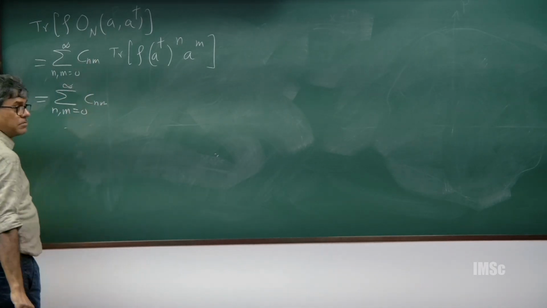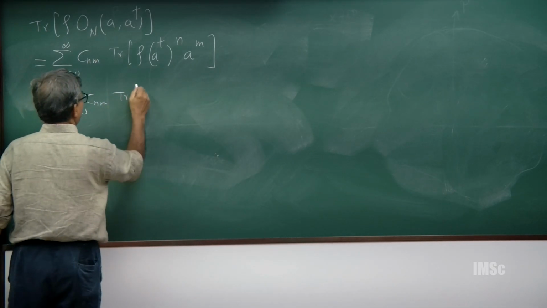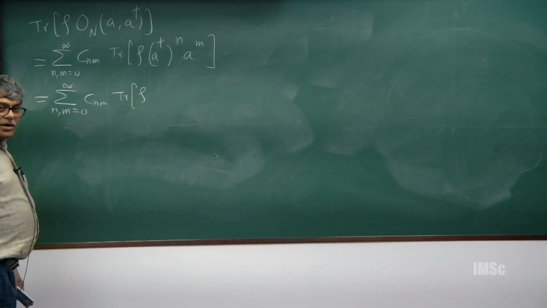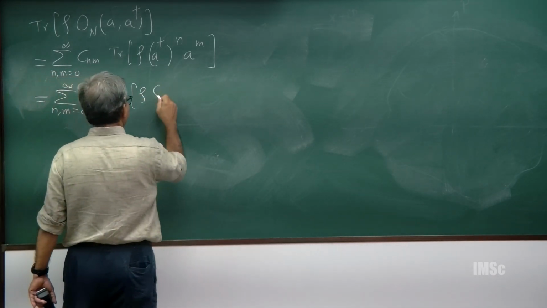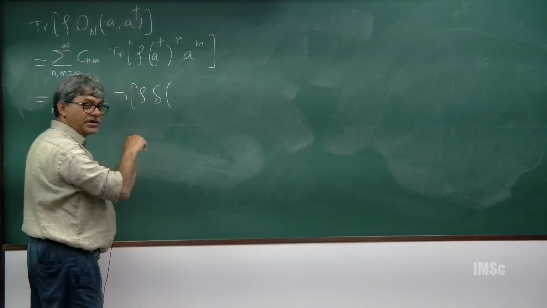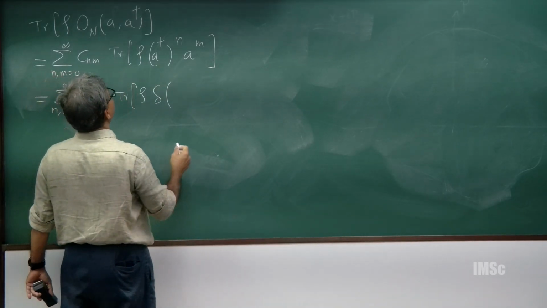These are coefficients, just numbers, trace of rho, and now I use this delta. This is an operator, a delta function operator.